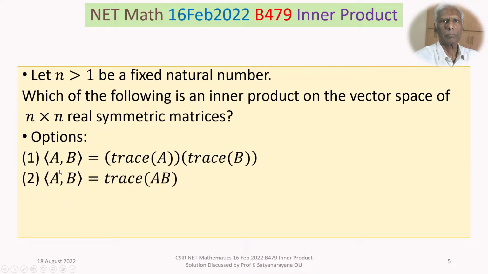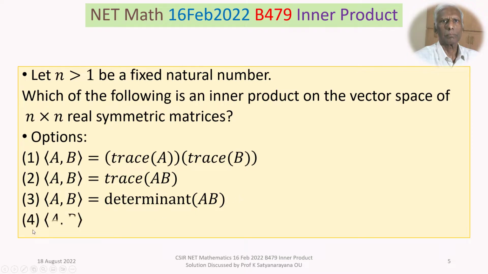Option 2, bracket a comma b is equal to trace of ab. Option 3, bracket a comma b is equal to determinant ab. Option 4, bracket a comma b is equal to trace of a plus trace of b.